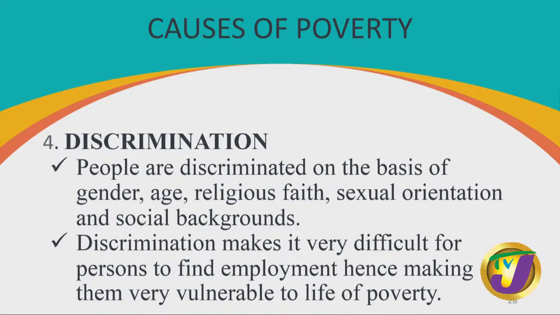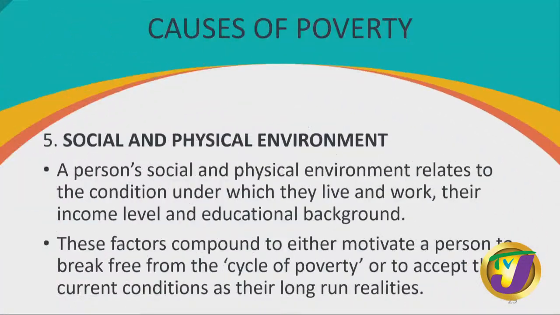So they can't pick up a job because when they fill out the application form, they are being discriminated against based on some of the information that they put forward. And so you find from time to time in reality that persons withhold the full truth in order to secure a job, which leads us to the fifth cause here: social and physical environment.